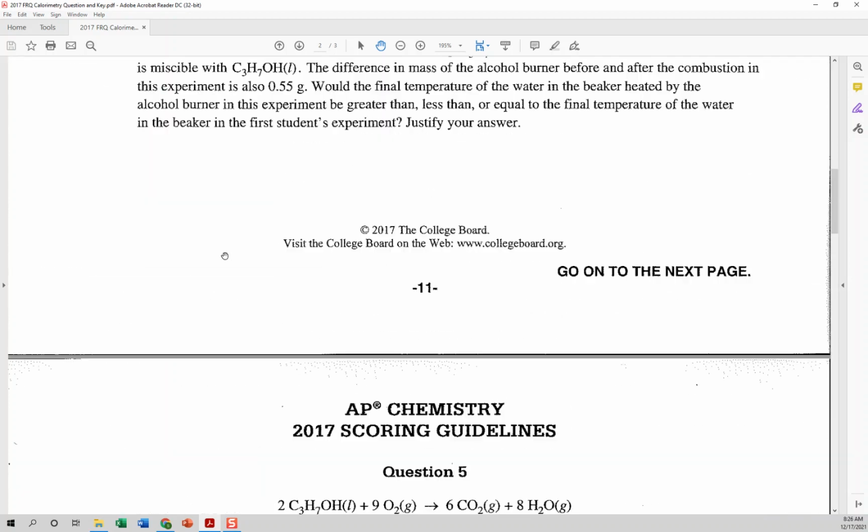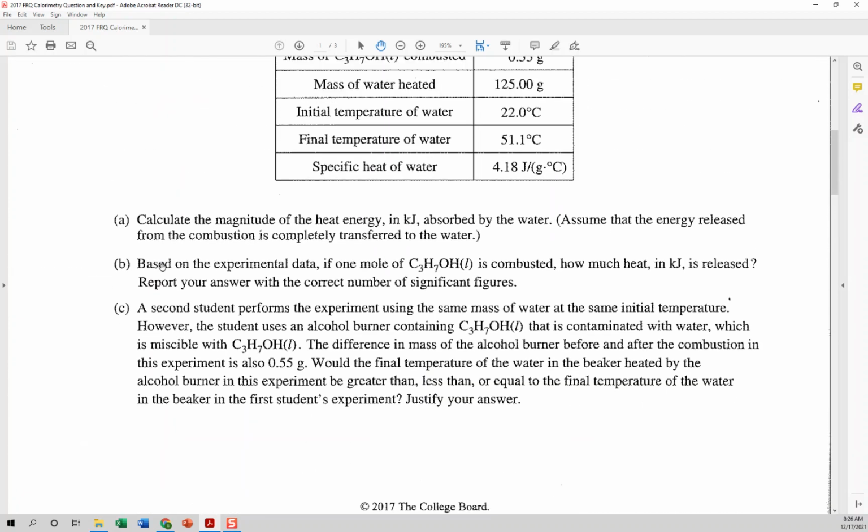All right, so let's go back up to question B. Okay, based on the experimental data, if 1 mole of propanol undergoes combustion, how much heat in kilojoules is released? Report your answer with the correct number of significant figures. Okay, so here's where I'll argue that because it's asking how much heat is released, you don't need the negative sign, but it would be okay if you had the negative sign.